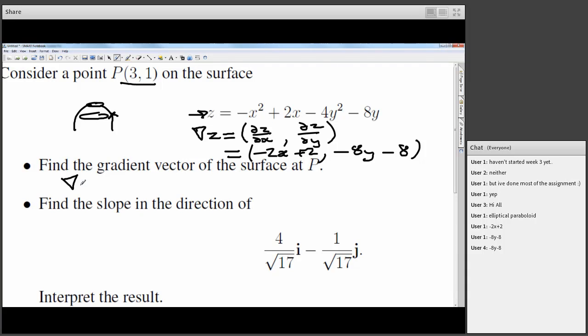We would like to know what this gradient vector is at our particular point, (3, 1). And so that really just means subbing in x equals 3, y equals 1 into this equation. So we're getting minus 2 times 3, minus 6 plus 2 gives you minus 4. And minus 8 times 1, minus another 8, gives you minus 16.